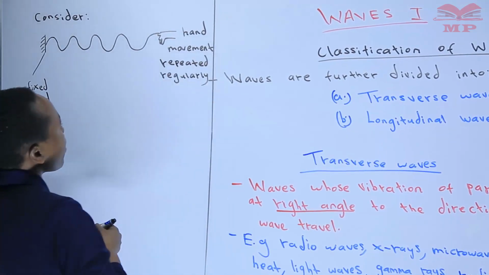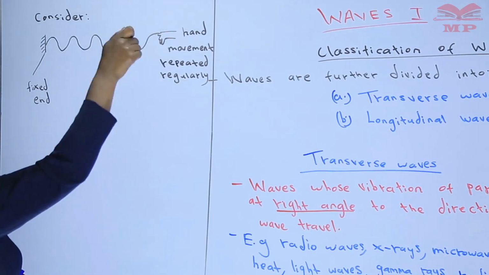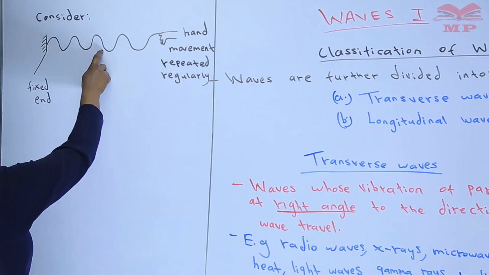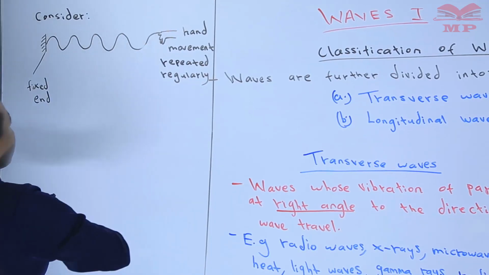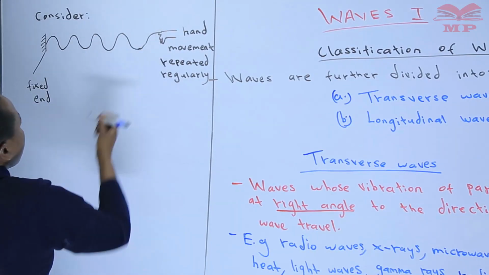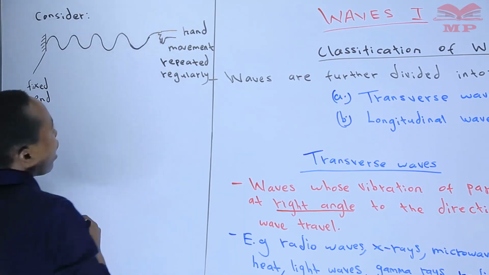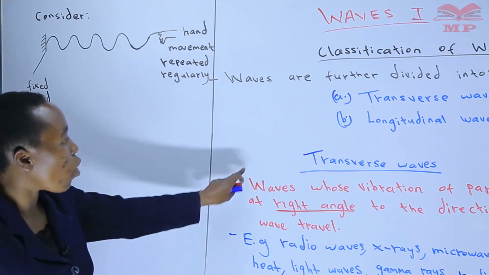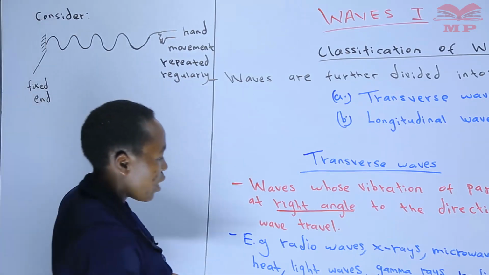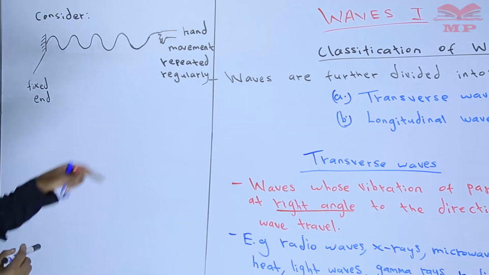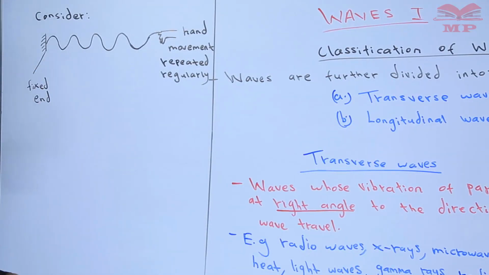So we have the hand moving up, down, and this is now the wave. We have seen that an example of a transverse wave is waves on a rope. On one end we have a fixed end.